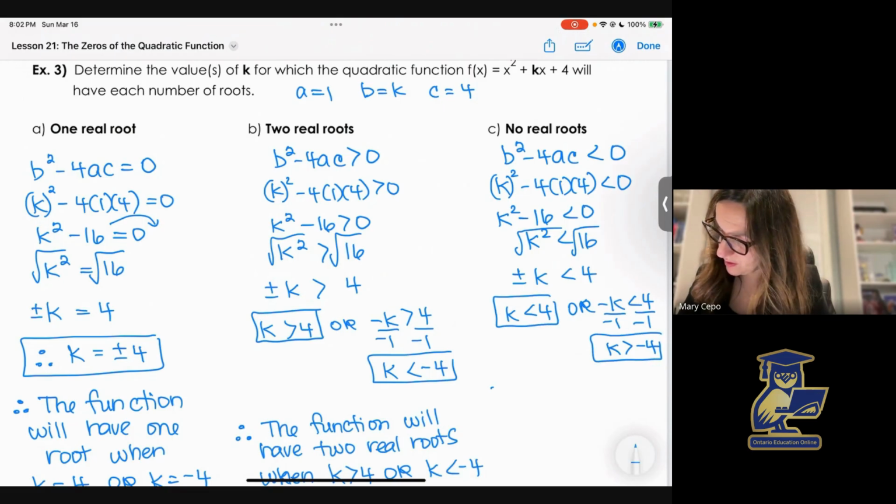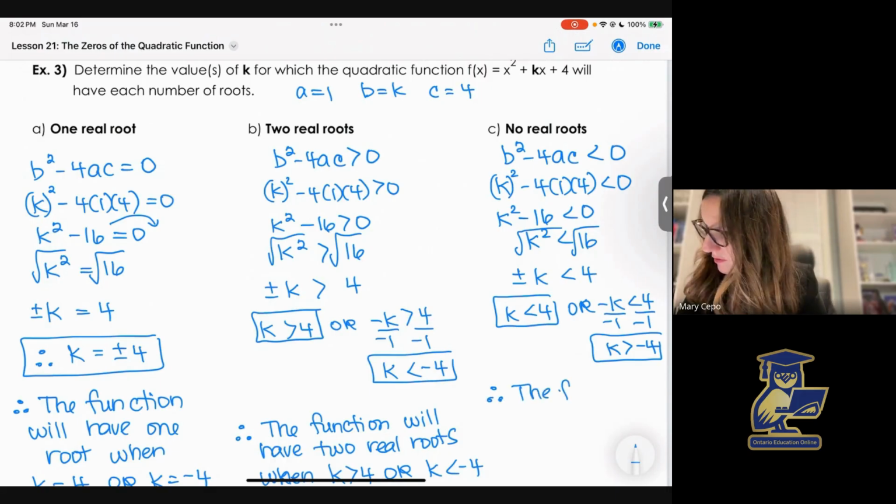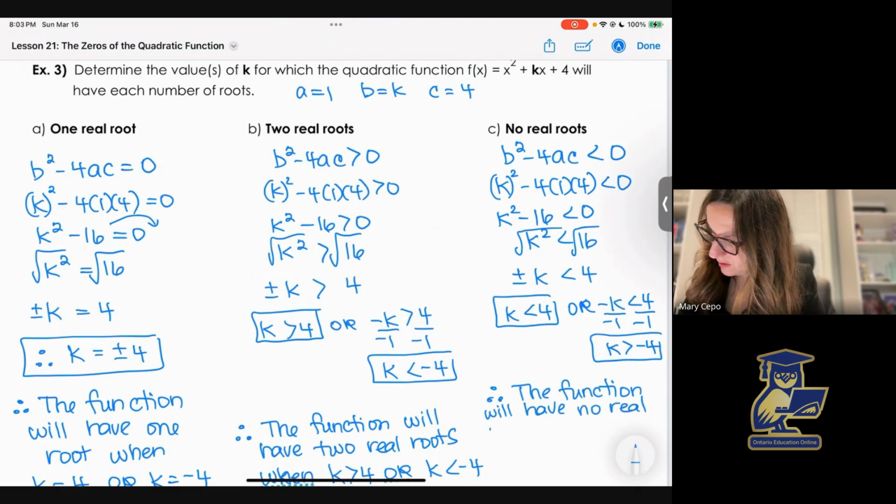Okay, so therefore, the function will have no real roots when k is less than 4 or k is greater than -4.